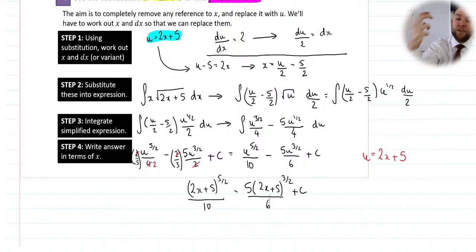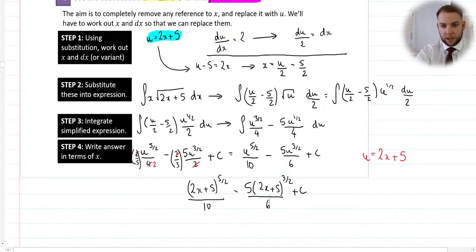You replace everything in your integral in terms of x by either differentiating or substituting directly in or rearranging. That's what we did in step 1. We then need to simplify so it's easier. And then we do our integration but write it back in terms of x. All right, super.